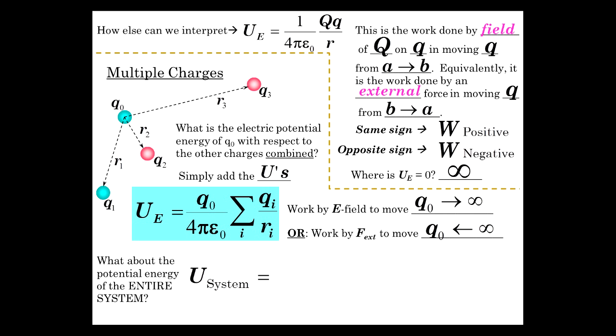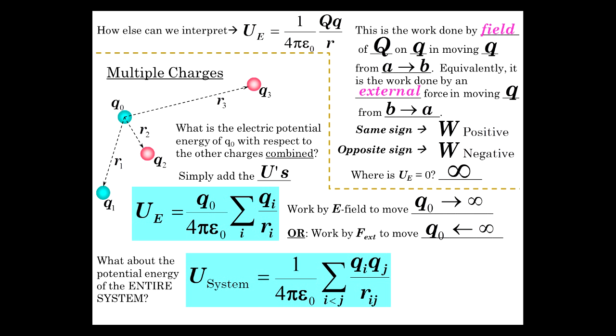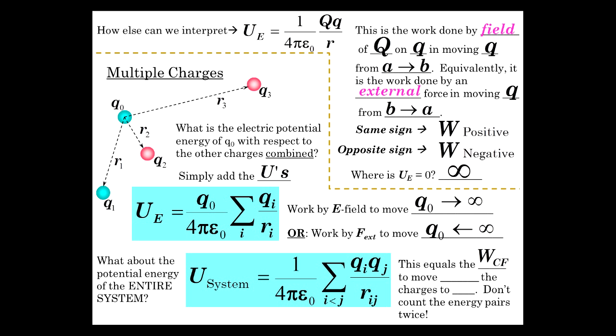Well, the combined effect of all that is the potential energy of the system, which is given by K times the sum of the products of all these, but you don't want to consider anything twice. So it's going to equal the work done by the conservative force to move all the charges to infinity, not counting any twice.